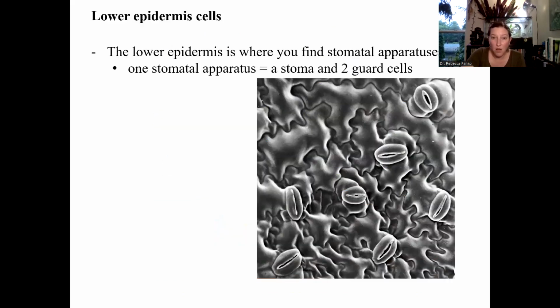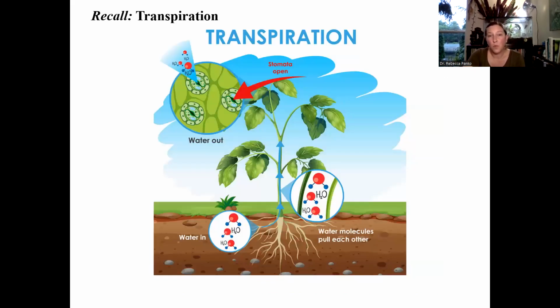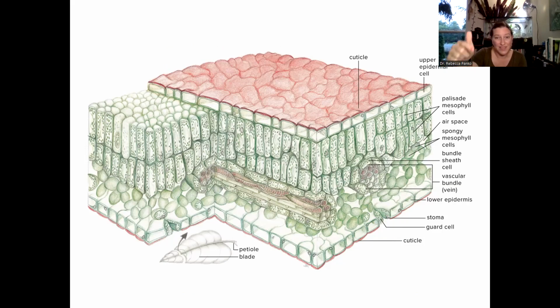All right, now let's see where I go. Well, no, I should say, what are the two functions of the leaf that we talked about? Photosynthesis and transpiration. So if those are processes that occur inside of this leaf, that means that the tissues inside of the leaf are going to be involved in those processes, right?